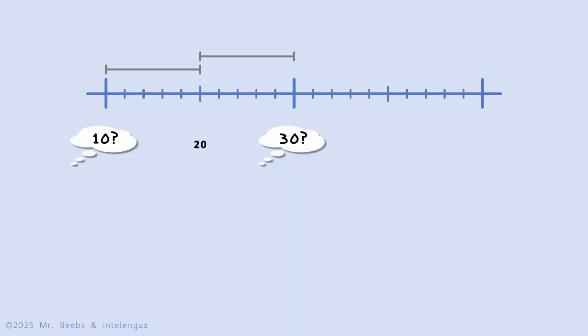Double check. Is 20 the halfway point between 10 and 30? It sure is. From 10 to 20 in 5 jumps means we're definitely skip counting. It's obvious to me that we would be skip counting by 2. Can you see it? Start at 10, then 12, 14, 16, 18, 20.